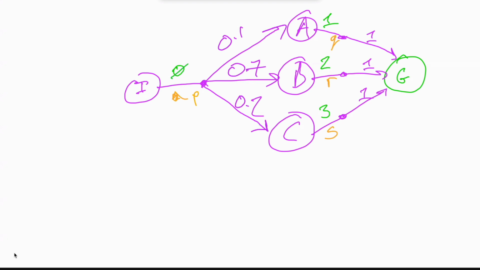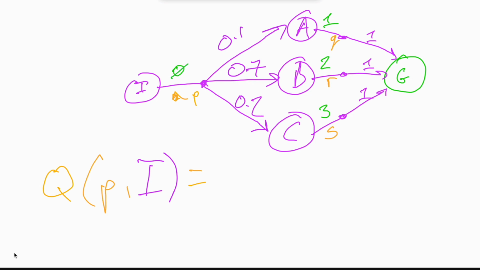When we were talking about Q values, what we're interested in is the Q value of some action, say P, in state I. Before I carry on, I want you to take 30 seconds to think about how you would work out the expected cost of executing action P. The key thing to note here is there's no choice.